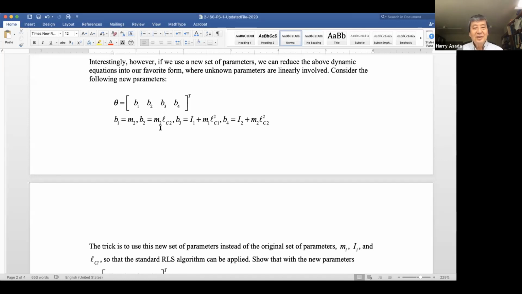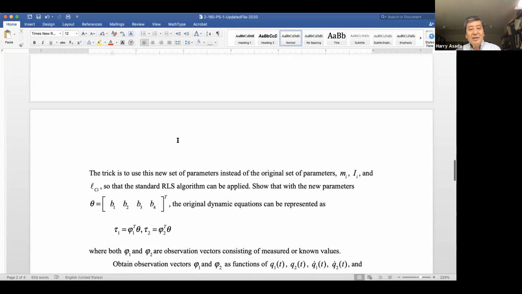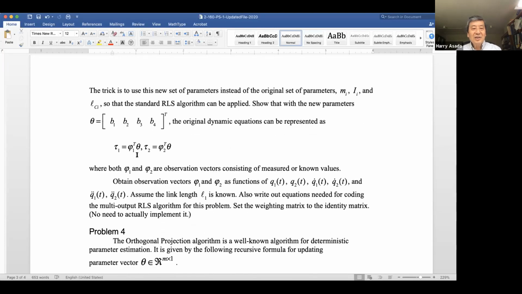Take M2 times LC2 and replace it with the unknown parameter B2. Likewise, M2 is replaced by B1 by itself, but B3 is actually a combination of these parameters, and B4 is still a combination of these parameters. If you combine them this way, you get the parameter vector B1, 2, 3, 4. Then, interestingly, the dynamic equation can be written in this way.